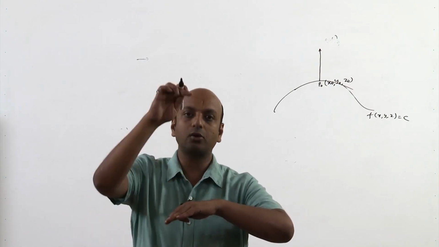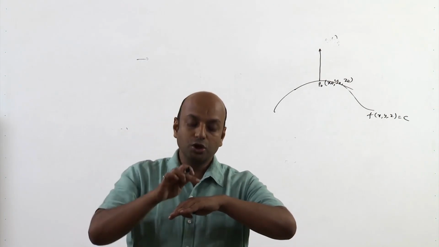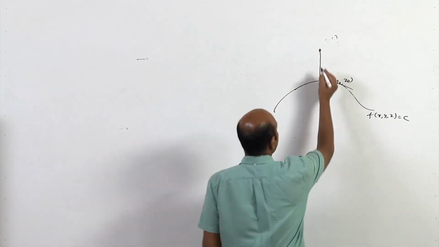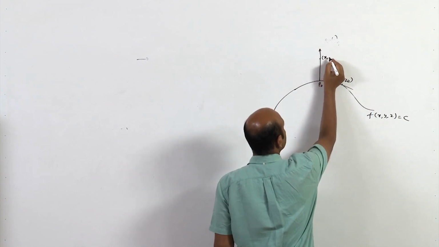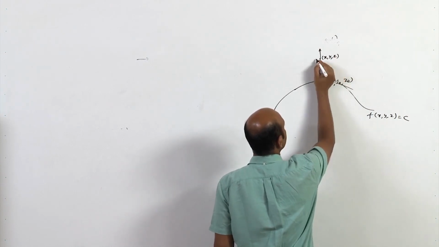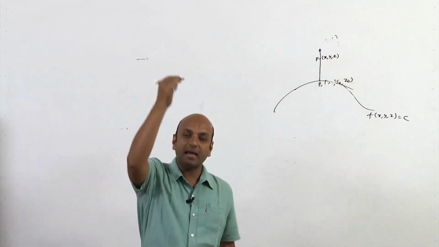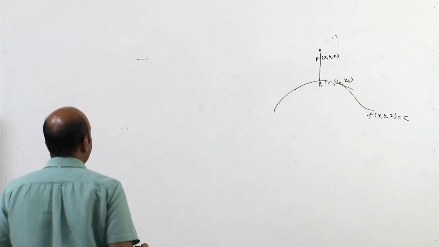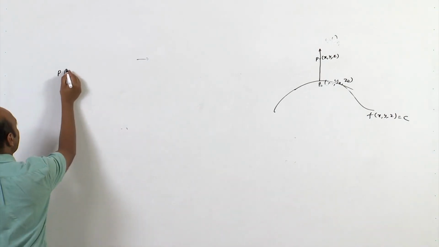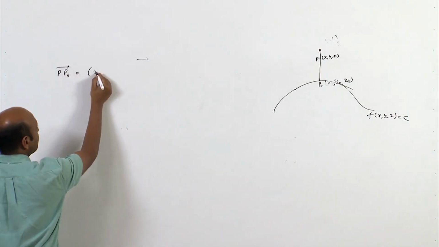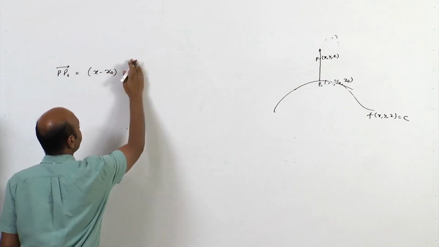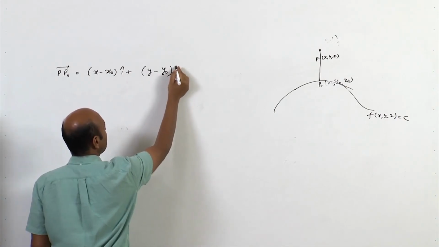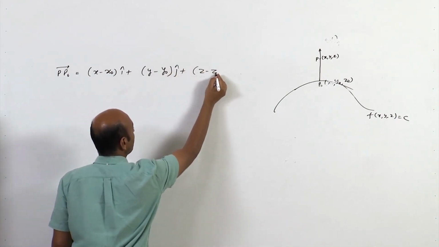So, take an arbitrary point x, y, z, say p, on the normal line. P may be any point on the normal line. So, again what will be the vector p naught p? The vector will be x minus x naught i cap plus y minus y naught j cap plus z minus z naught k cap.